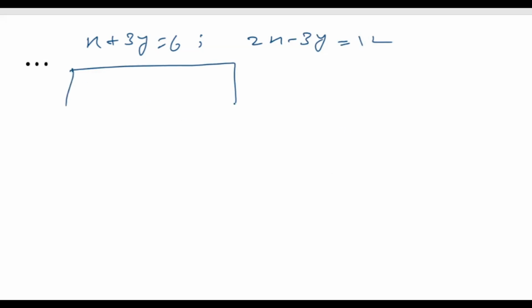Your given equations are x plus 3y is equal to 6 and 2x minus 3y is equal to 12. How can we draw? Before that, just find some values for each equation. This is x, y. Put x equal to 0.